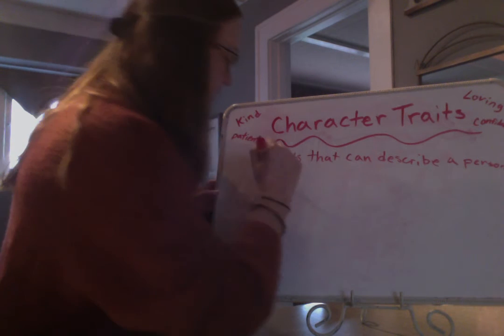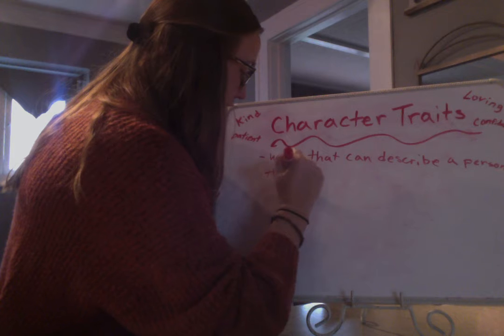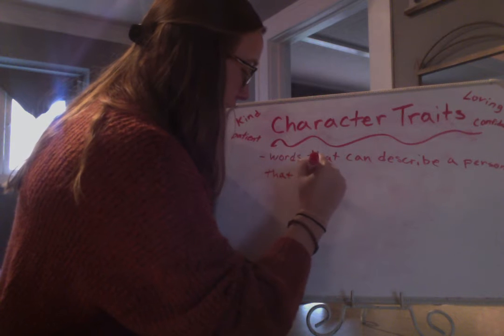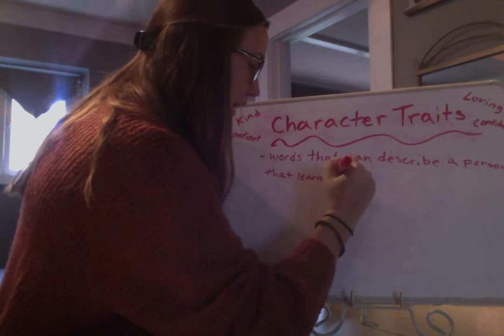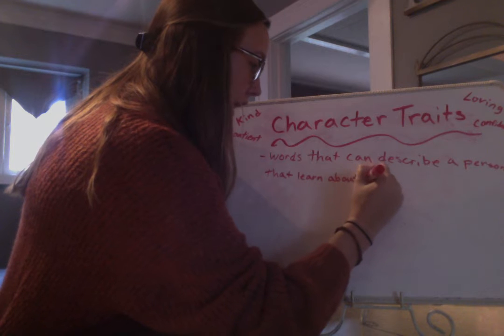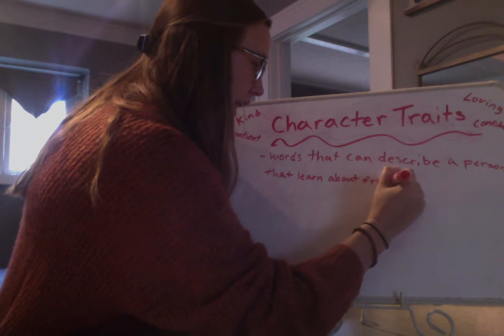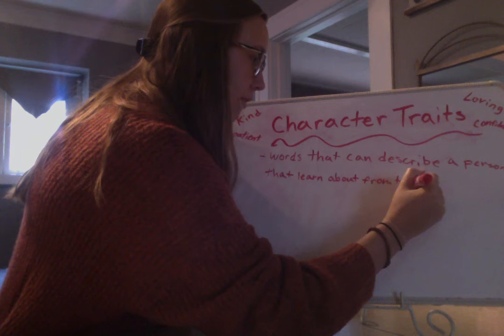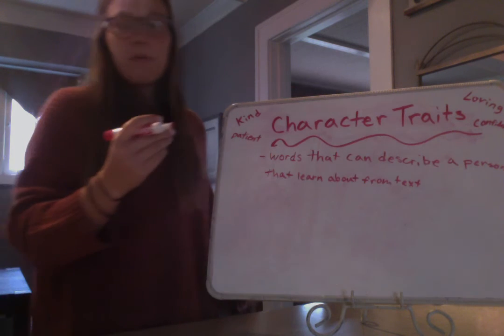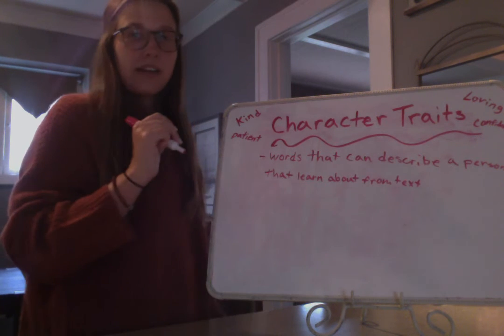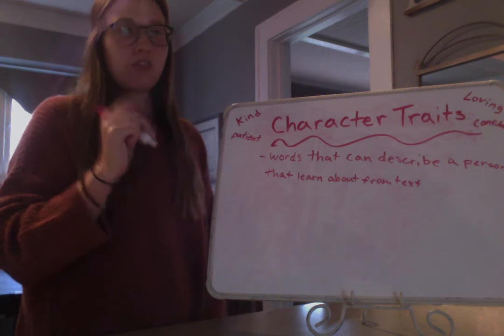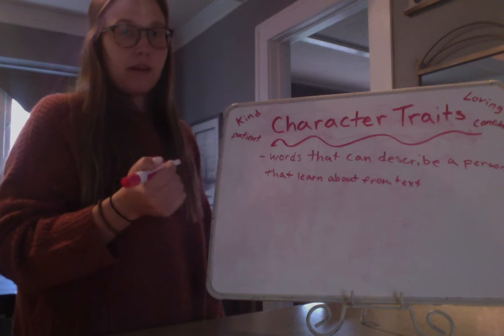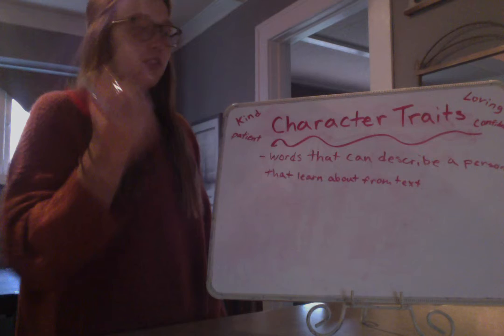Describe a person that you can learn about from text. Text or what? What else can we learn about? Remember, we talked about two different kinds of ways we can learn about a character. Illustrations, right?